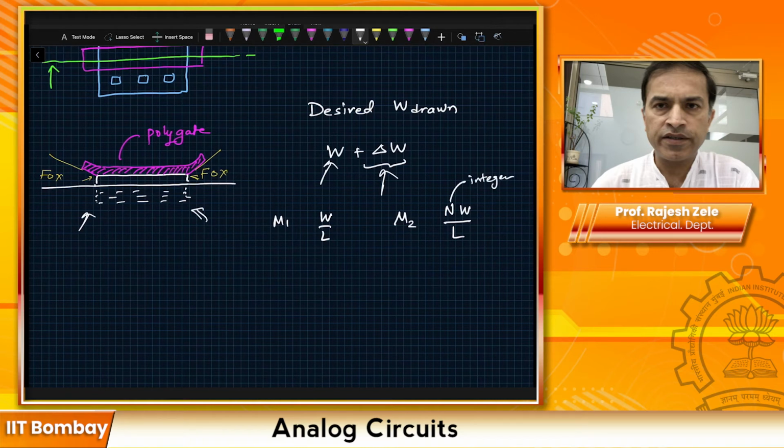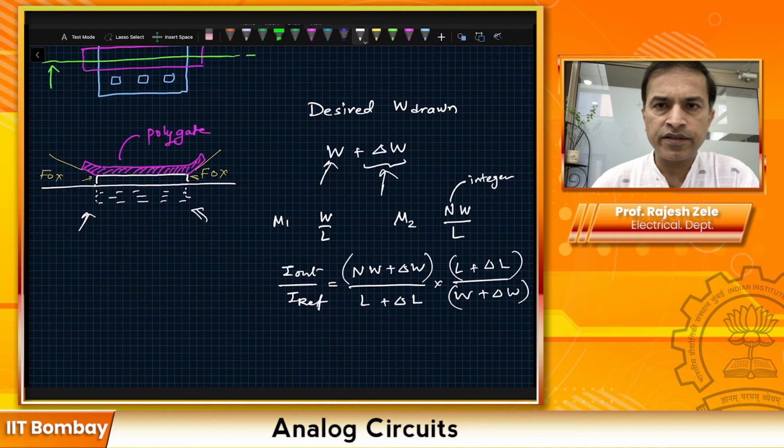Now if you look at the current mirroring between these two, you would get I out divided by I ref. That would look like NW plus delta W, and then L plus delta L, and then the reciprocal of that will be L plus delta L divided by W plus delta W. This happens because the delta W doesn't get multiplied when we are stretching the width.